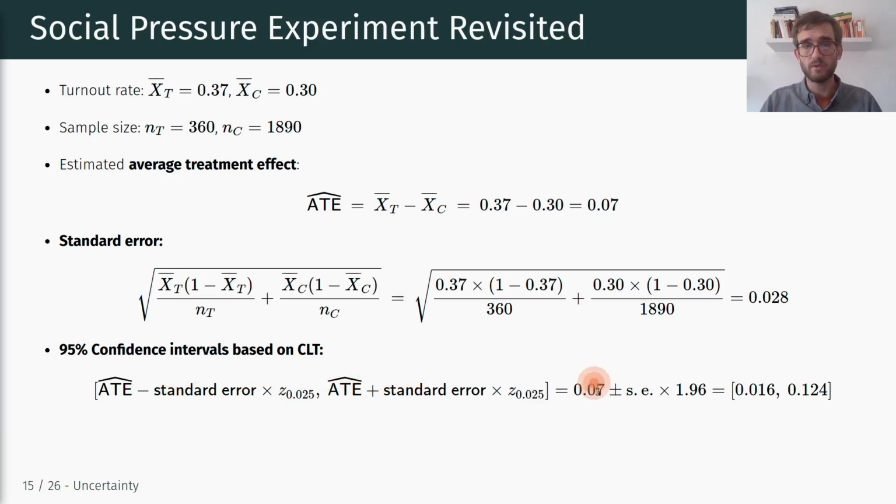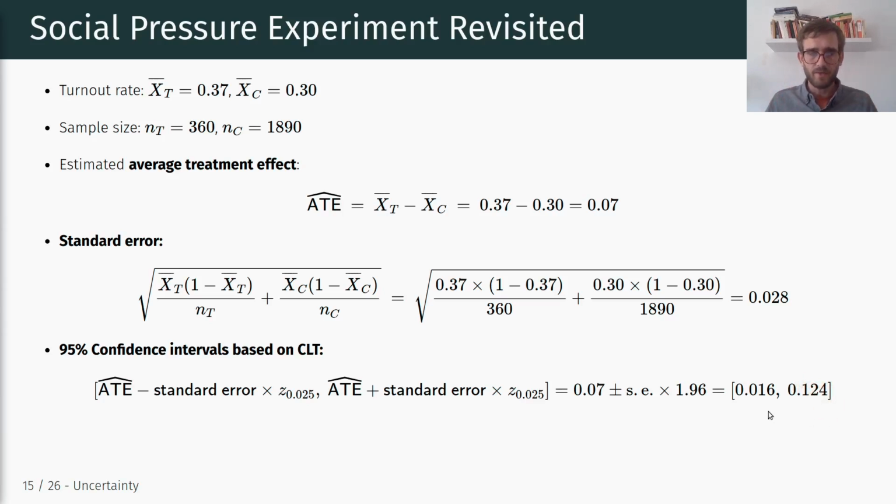So that's 0.07 plus minus the standard error, which is 0.028, times 1.96, which is the critical value for the 95% confidence interval, to arrive at a 95% confidence interval of 0.016 and 0.124.